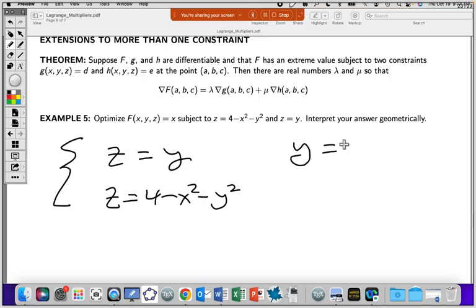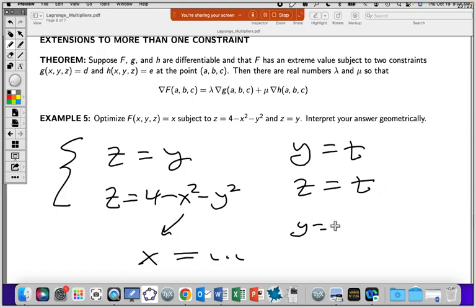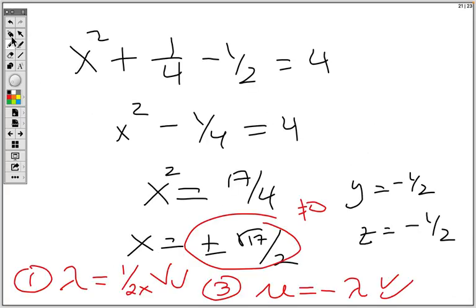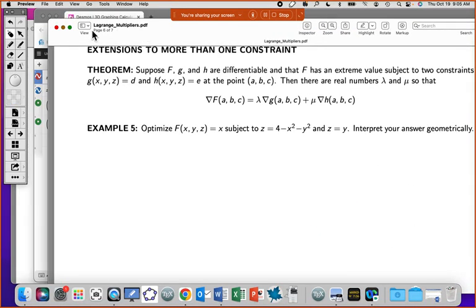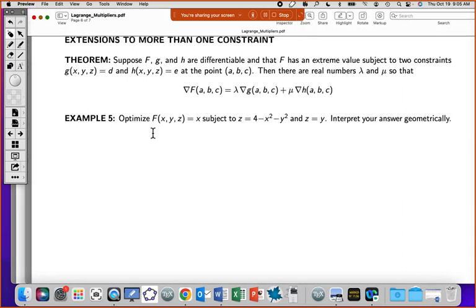You could let y be t, so z would be t, and then you could actually solve for x if you wanted to. Or you could let y be like sine of t. This is probably better. Z would be sine of t. And then you would get x in terms of like cosine of t. You could actually parameterize that and then look at the x coordinate and find the max and min that way. So the thing about Calc 3 is we get a lot more tools to use to analyze these types of things.